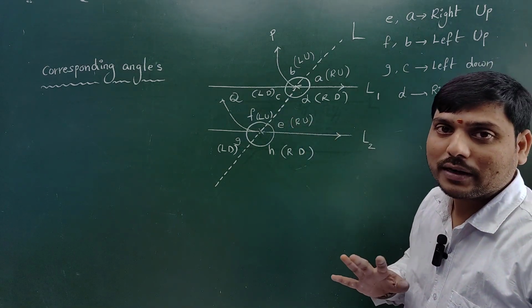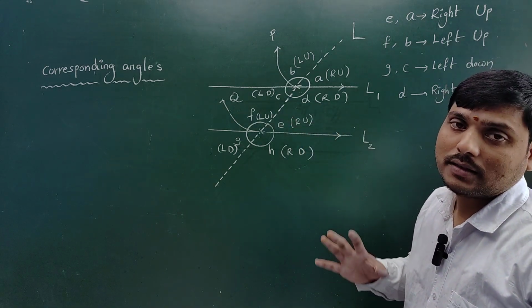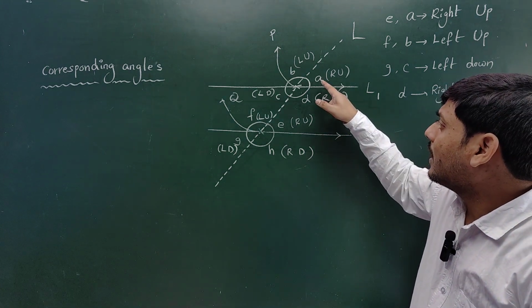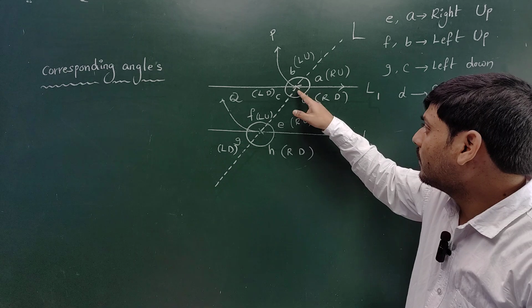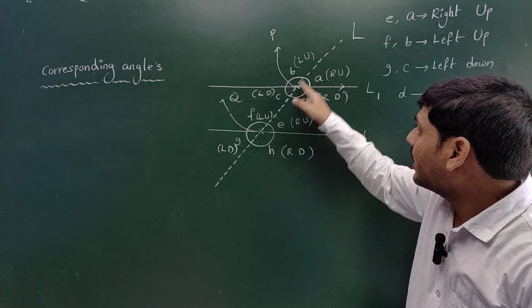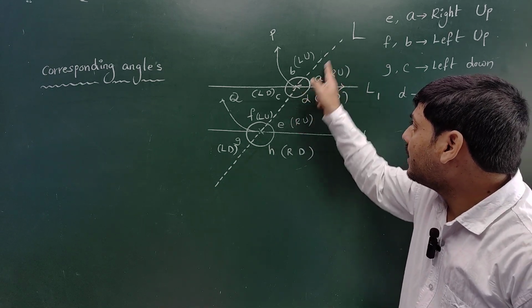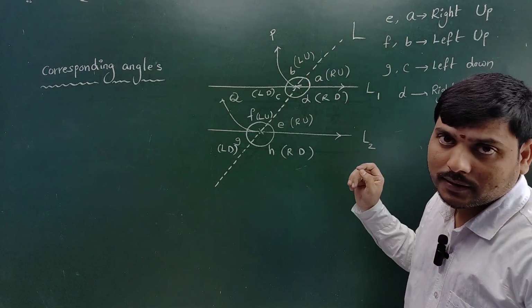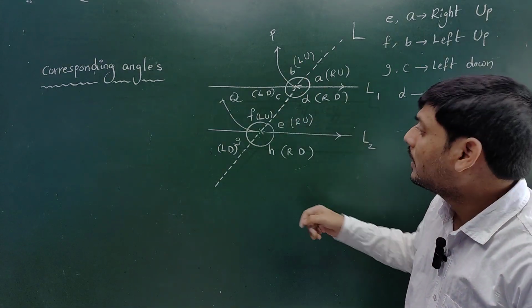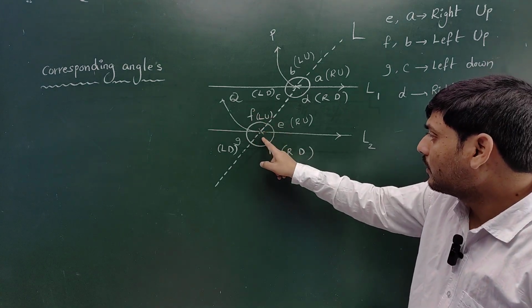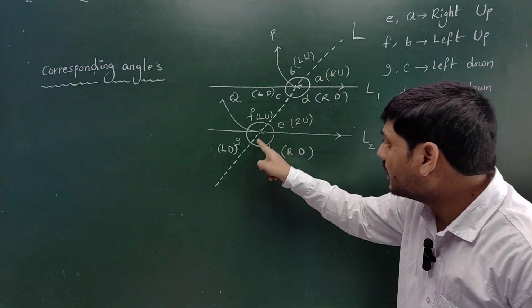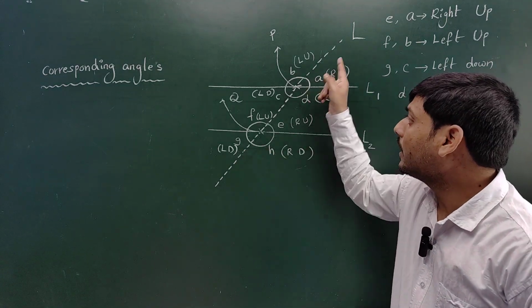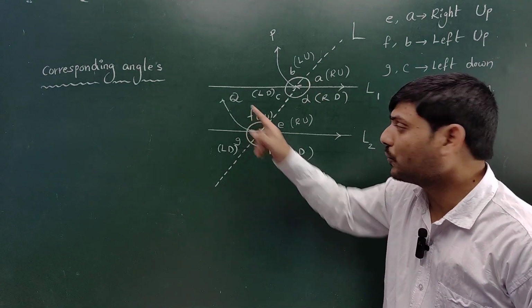What do you say about corresponding angles? What is the relation between them? Here, line L intersects line L1 at point P. Similarly, point Q is the intersection of line L and line L2.